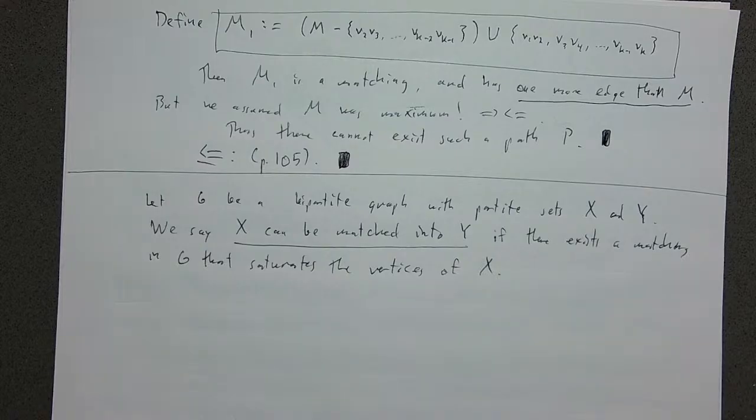If every single one of them is contained as an endpoint of some edge in a matching, then we say that X can be matched into Y.